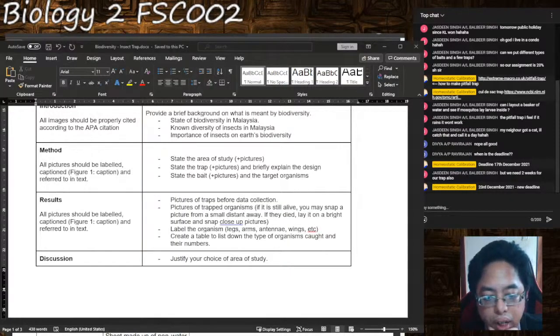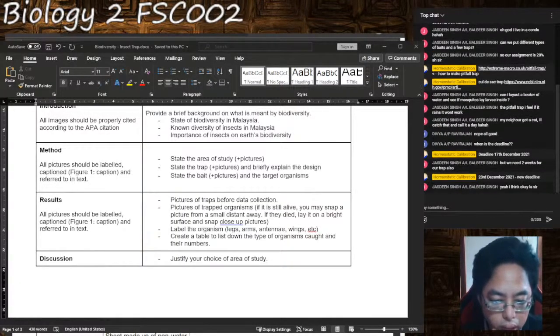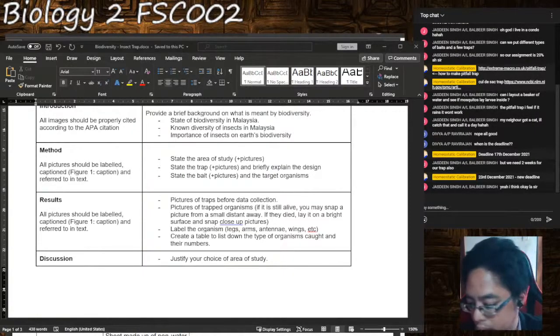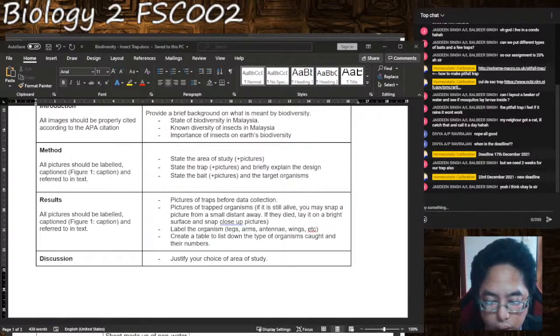I cannot find any examples. Okay, I have the guideline.